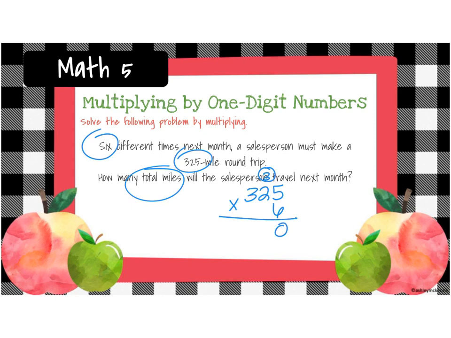And then 6 times 2 is 12 plus the 3 that I carried. 15. So 15, carry my 1. And then I take the 6 and I'm going to multiply it times the 3, which is 18 plus the 1 that I carried, 19. So how many total miles will the salesperson travel next month? 1,950 miles. Very good. Awesome.